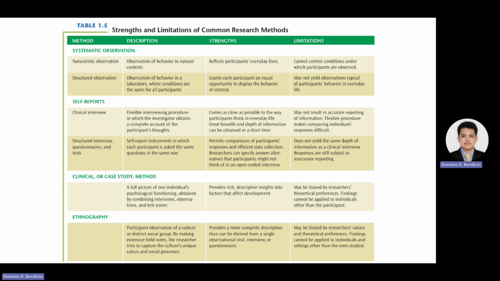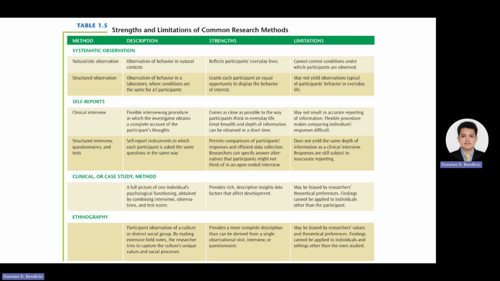Next is ethnography. Ethnography involves immersive research within a particular cultural group or community to understand their customs and behaviors, beliefs, and social dynamics. So overall, systematic observation focuses on objective data collection through structured observation. Self-reports involve obtaining information directly from individuals about experiences.